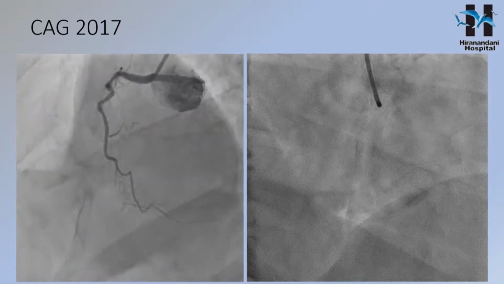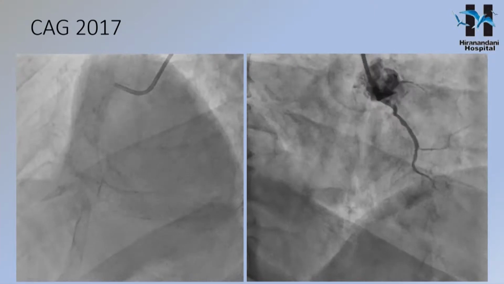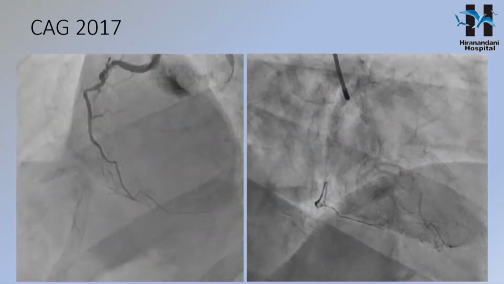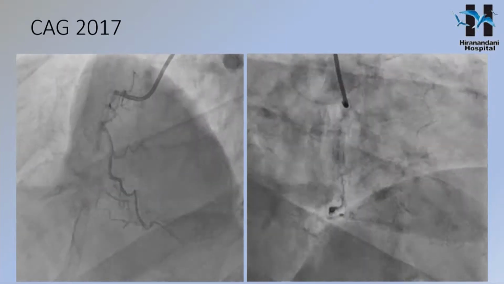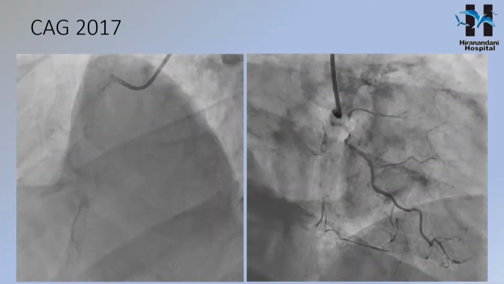The RCA, we can see the proximal total, and the distal RCA is filling from the left system with Rentrop grade 2, and also antegrade with bridging collaterals and the RV branch.